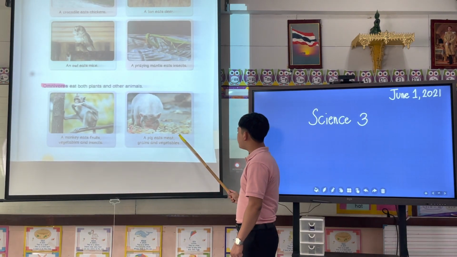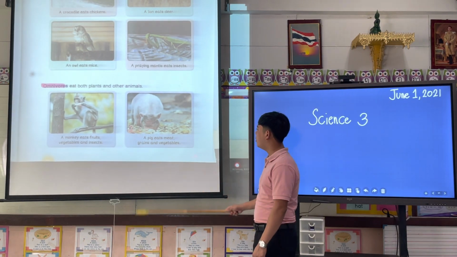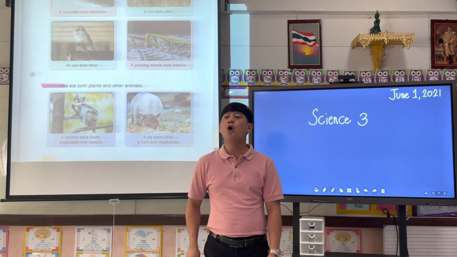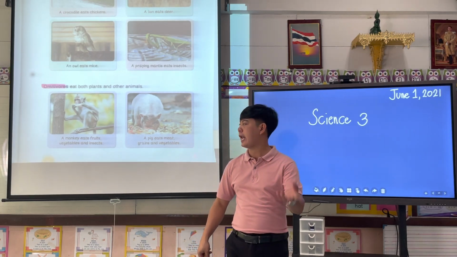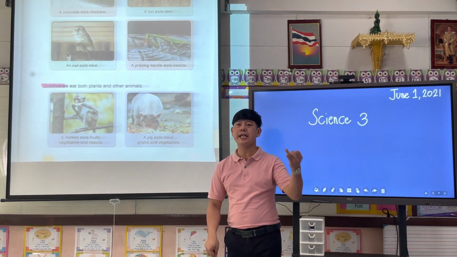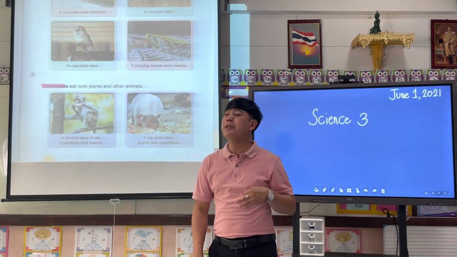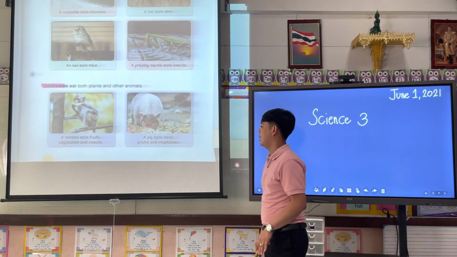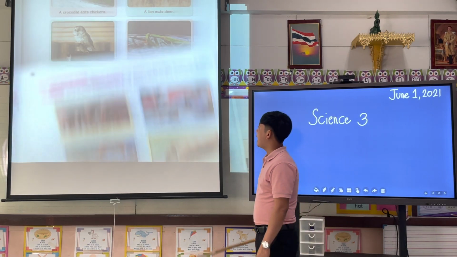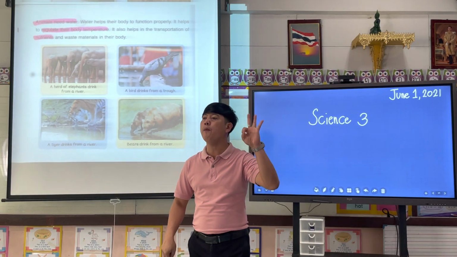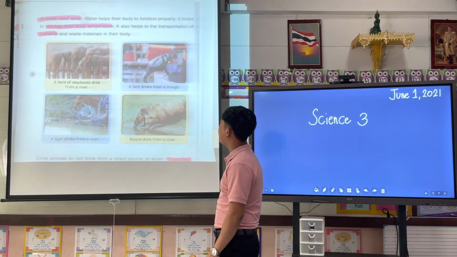A pig eats meat, grains, and vegetables. So a pig is an example of an omnivore. Chicken, duck, and rats are examples of omnivore animals. Okay, that's three: herbivore, carnivore, and omnivore.